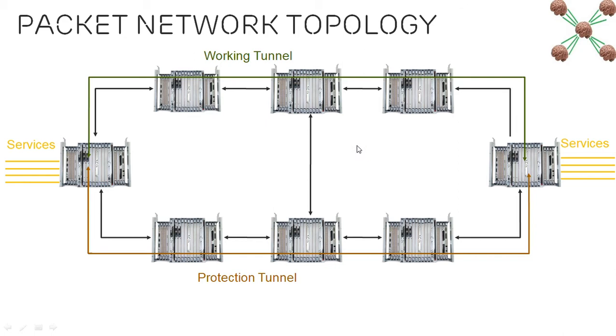But in a packet network, you first make a tunnel between the endpoints. For example, if you have a network almost similar to the previous one, and you want some services to go from this node to this node, you make a tunnel between these two nodes, and on the second path you make another tunnel.